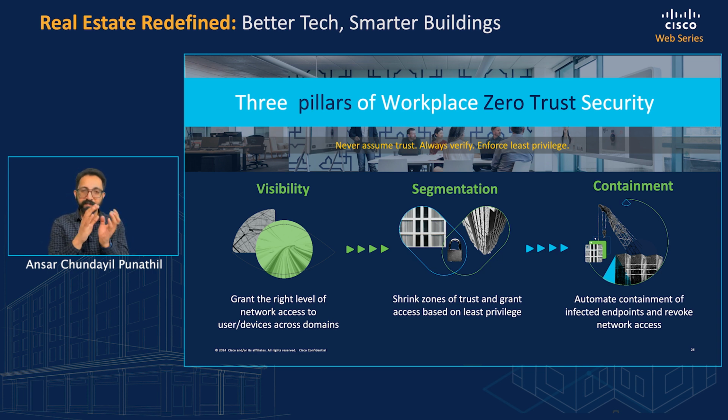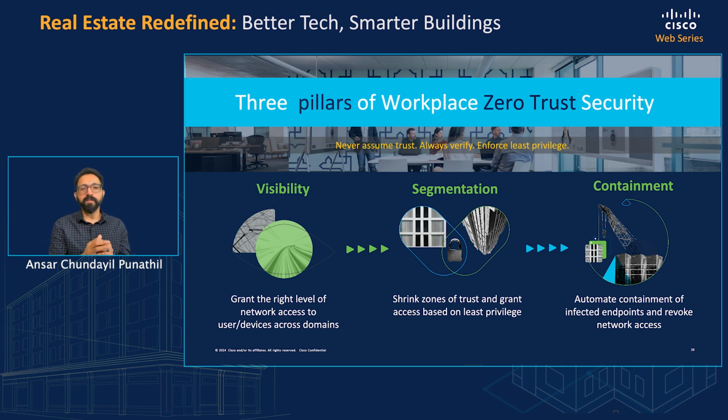This involves dividing your network into smaller zones based on security needs. And this segmentation will further allow you to enforce the principle of least privilege access, by granting access to the specific resources that are required for users as well as devices within each zone. And that minimizes the potential impact of a security breach.